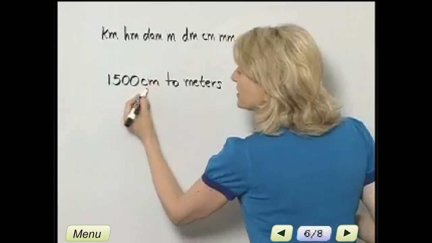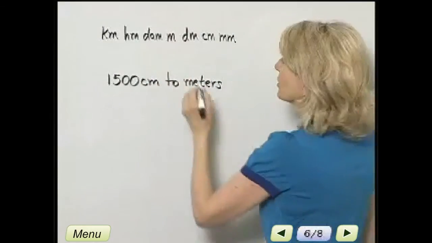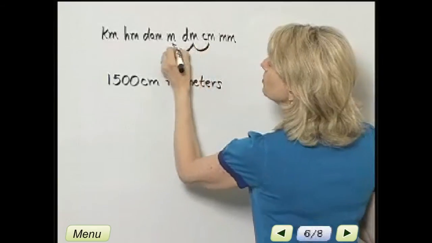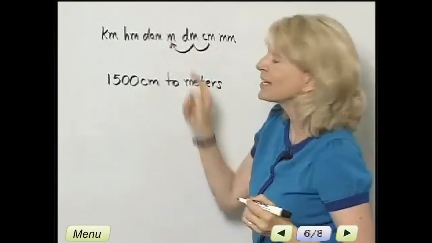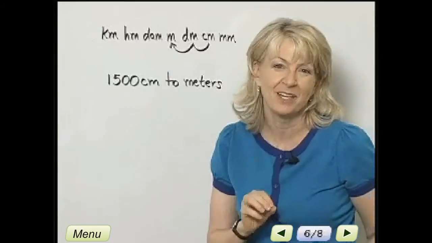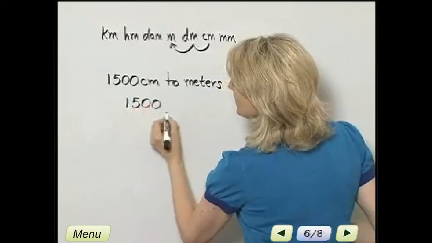I'm going from centimeters to meters. Basically, you just do it on this chart. From centimeters to meters, I move 2 places to the left on the chart. You do the exact same thing with the decimal point. So here's my number, 1,500.